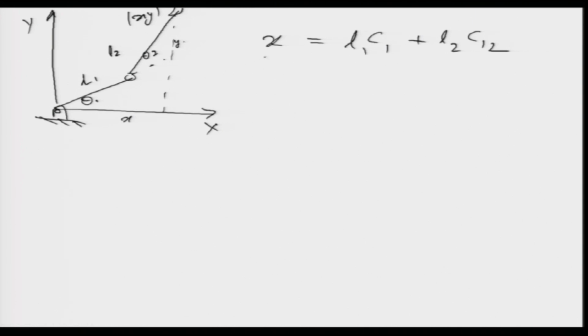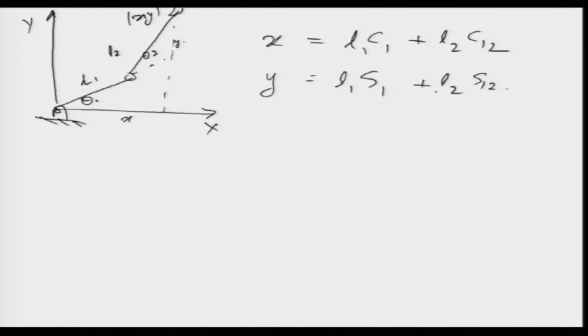So, essentially x is equal to L1 cos theta 1 plus L2 cos of theta 1 plus theta 2, and y is equal to L1 sin theta 1 plus L2 sin theta 1 2. Now, this gives us the relationship of the end effector position with respect to the joint angles. L1, L2 are link lengths, and they are fixed.